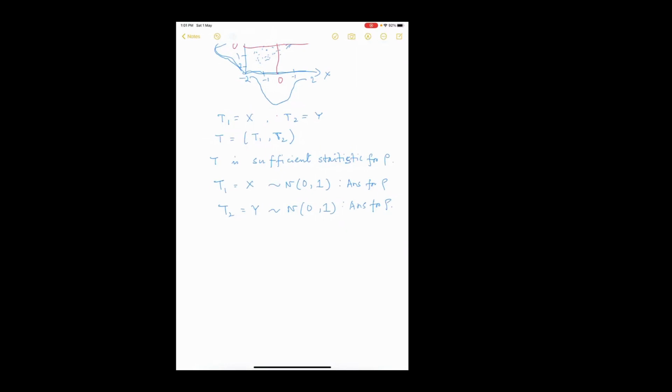Suppose, and actually it has happened with me, the actual data was, I think, X was birth weight of some children and Y was birth weight of some other children.